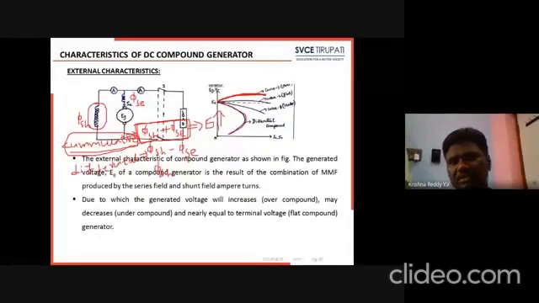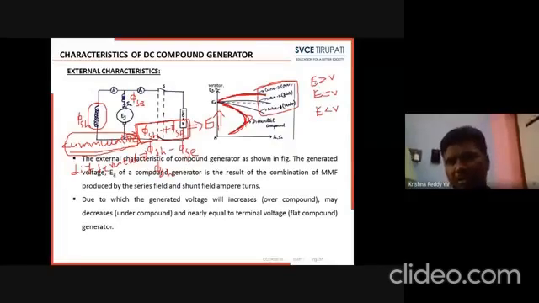In the case of a cumulative compound generator, the flux may increase such that E is greater than V, or E equal to V, or E less than V. You can maintain these three conditions. The induced voltage may be greater than the load voltage, equal to the load voltage, or less than the load voltage.